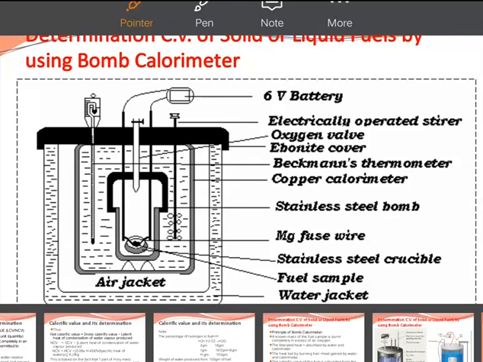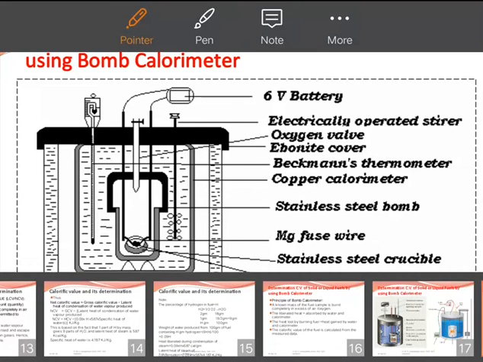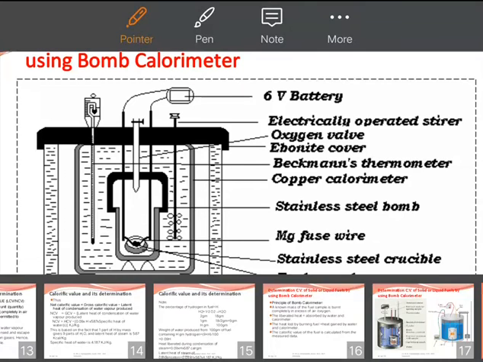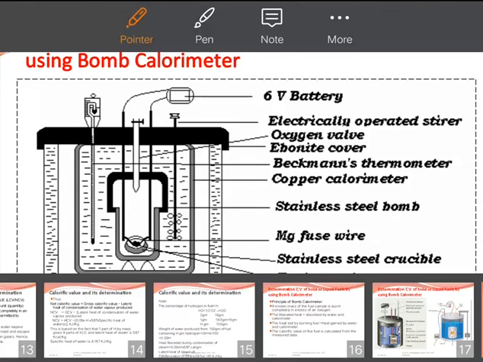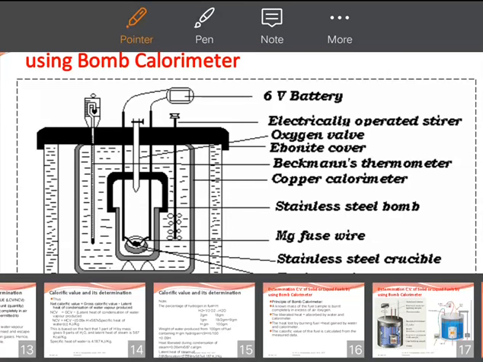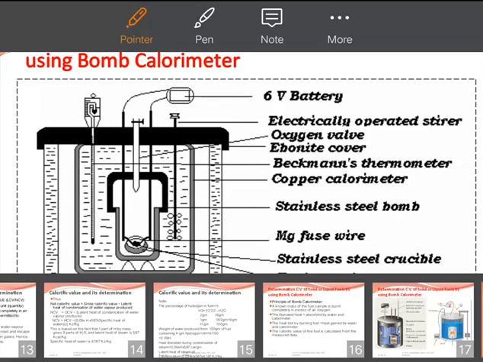This copper calorimeter has two other important components: one is Beckmann's thermometer, and the other is an electrically operated stirrer. The Beckmann's thermometer is used to measure the temperature with 0.01 degrees Celsius accuracy, and the electrically operated stirrer is used to distribute uniformly the heat produced during the combustion process.